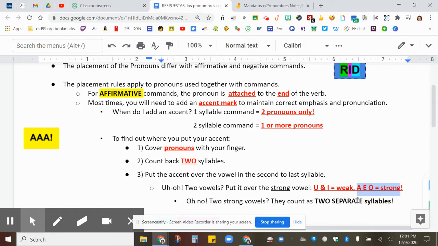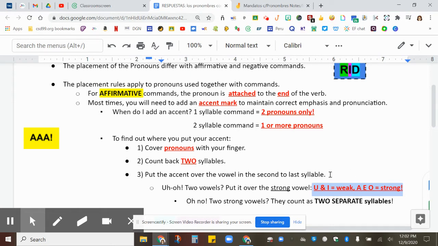When there are 2 vowels, A, E, and O will be strong enough to carry the accent mark. For whatever reason, I picture these vowels as being alive somehow and having muscles on their arms, and U and I happen to be weak. They need to hit the gym a little bit more. A, E, and O are strong. They've got super muscles. They are strong enough to carry the accent on top of themselves.